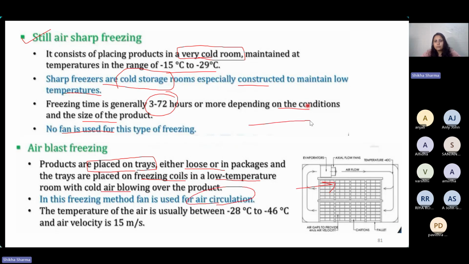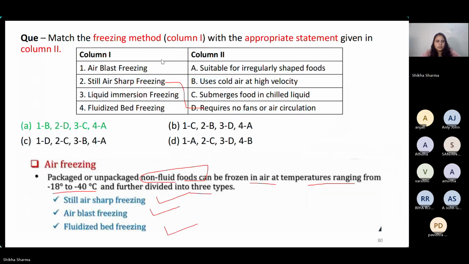Here, the food product is on the tray, below is the freezing coils, and above is the air. The temperature of the air is usually -28 to -46, and the air velocity is 15 meters per second. So it is related to using cold air at high velocity.